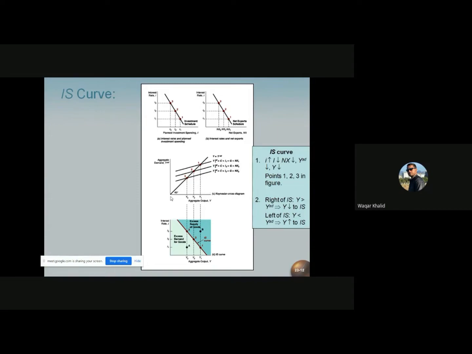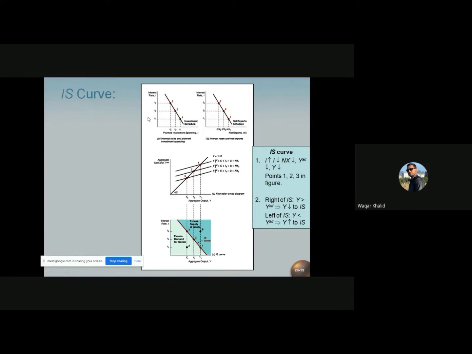It means that quantity demanded is equal to quantity supplied. But when there is an increase in the interest rate, you know that the investment level will decrease, and similarly the net exports will also decrease. It means that we will move from Y1 AD to Y2 AD.